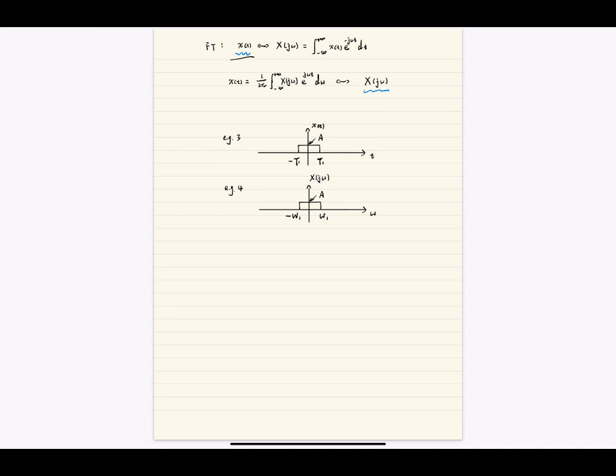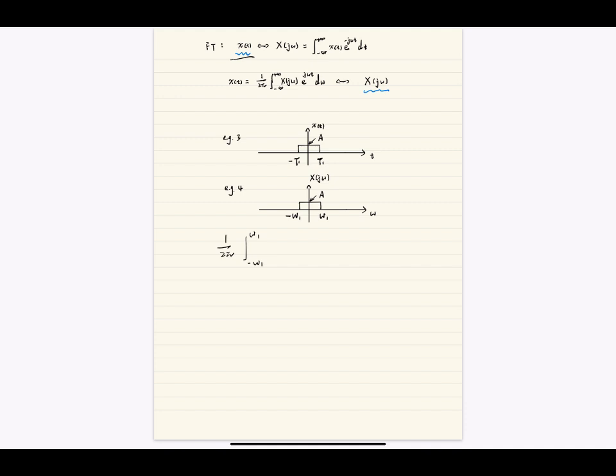Now let's use the integration 1 over 2 pi. We integrate from minus infinity, but it is a finite duration signal, so we can only integrate from minus omega 1 to omega 1.